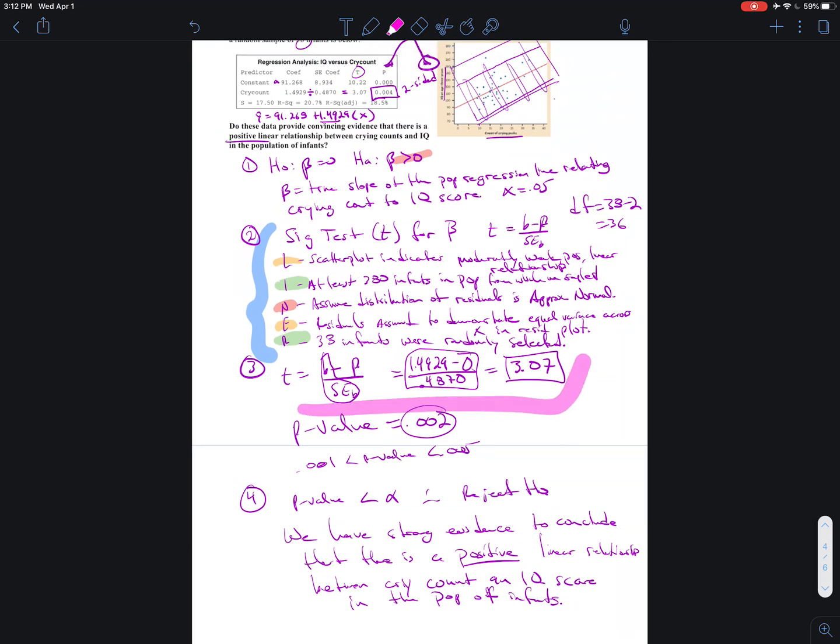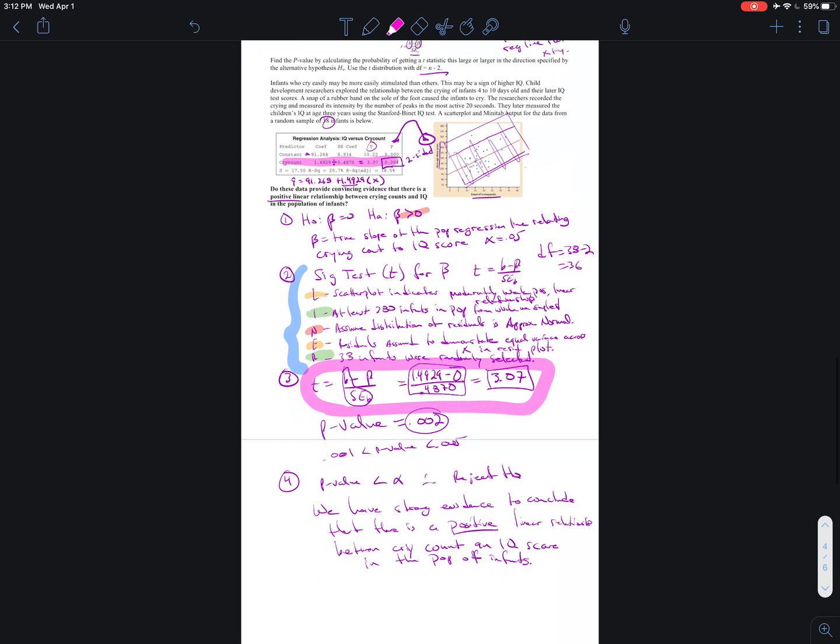The work that you end up doing is very easy. It's all right here, especially if the null is 0. The only thing to be careful of is whether it's a one-sided or two-sided test and whether or not you can pull that p-value. So if you're feeling good about this, go ahead and take a look at the SIG test for beta worksheet, and you should be all good.